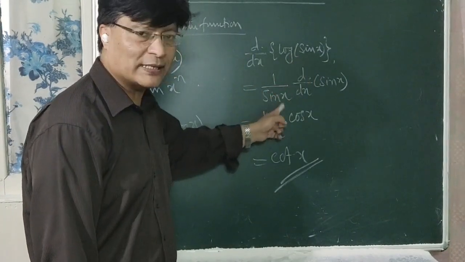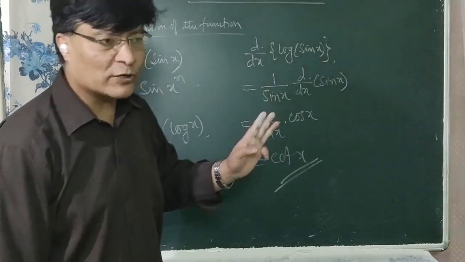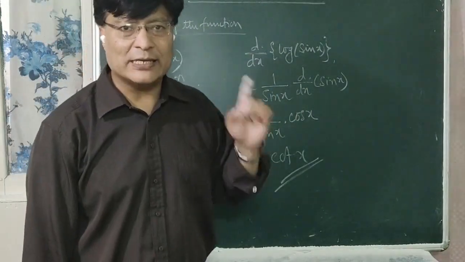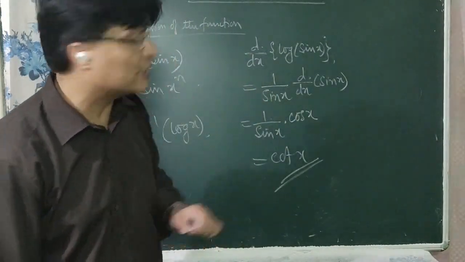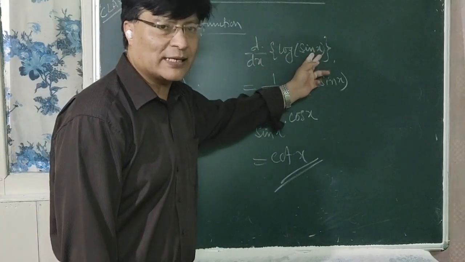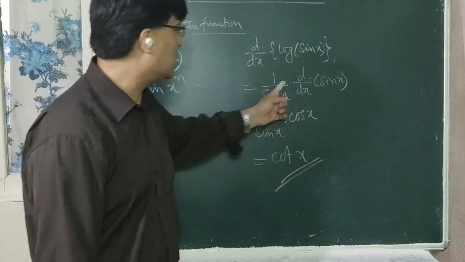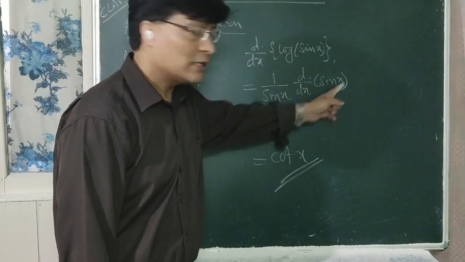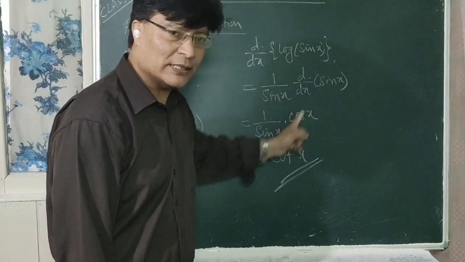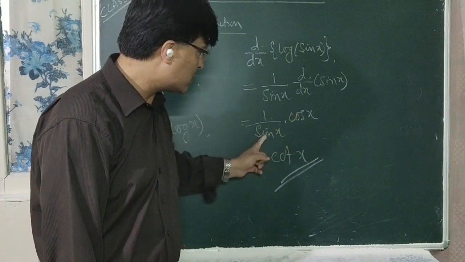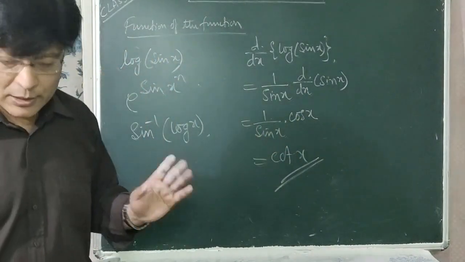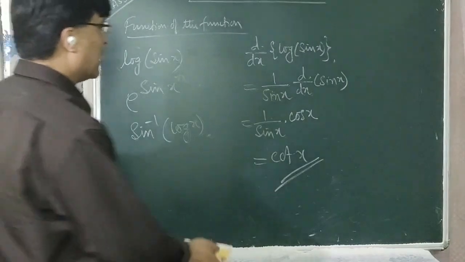So it is 1 by sin x. And also the function which is assumed as x is also to be differentiated. That is, you have to differentiate sin x with respect to x, into d by dx of sin x. So what is d by dx of sin x? It is cos x. So what is cos x by sin x? It is cot x.